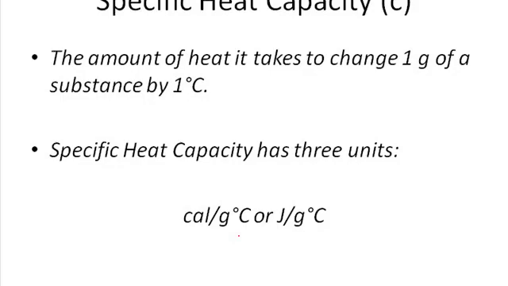It has an energy unit, which can be calories or joules, or also kilojoules or kcals. We can just convert between those. But we also have grams per degree Celsius. In other words, how much energy is required to raise a gram by 1 degree Celsius?